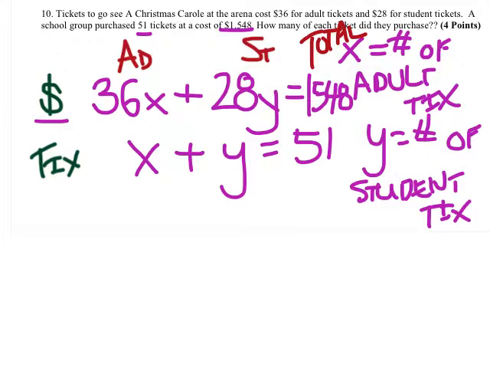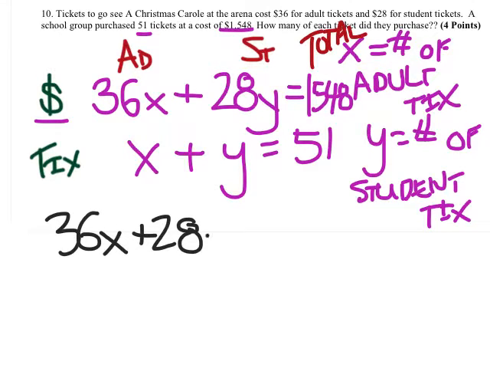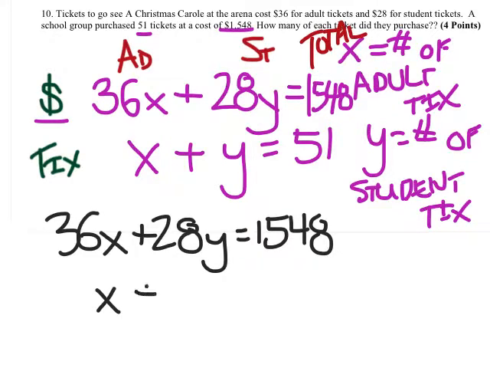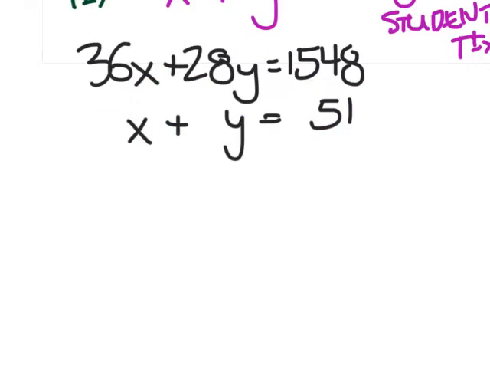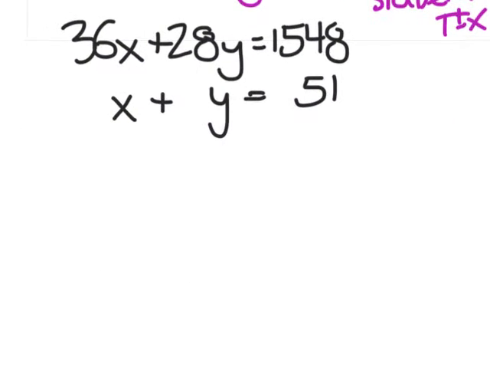I'm going to go ahead and rewrite those so that we can see them separately. 36x plus 28y equals 1548. And we also have x plus y equals 51.